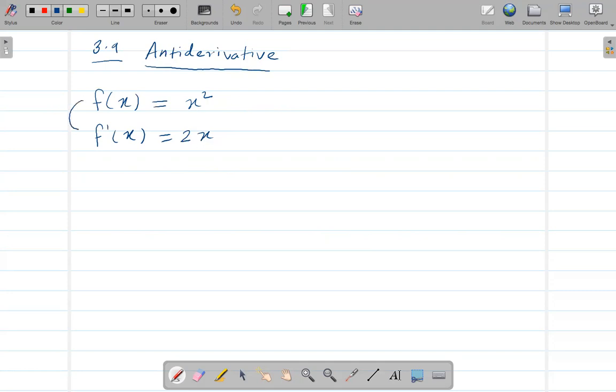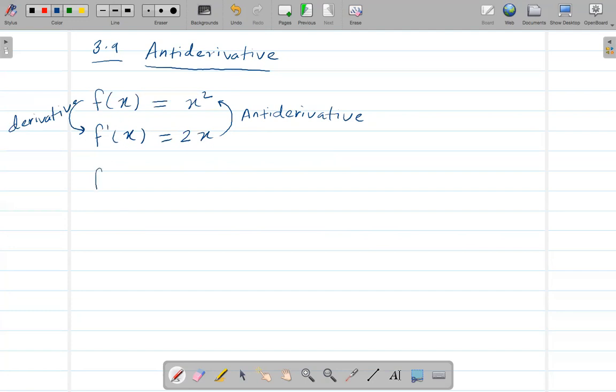So from here to here, we call this process the derivative. And then going from the derivative back to a function, this is called an antiderivative. So from derivative to a function, we call this antiderivative.